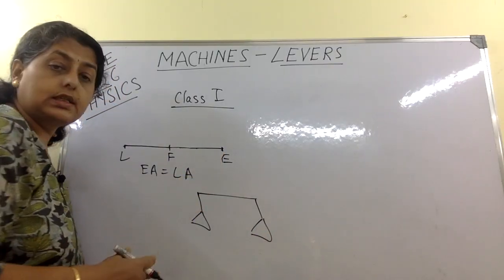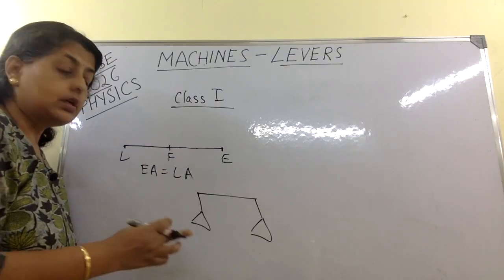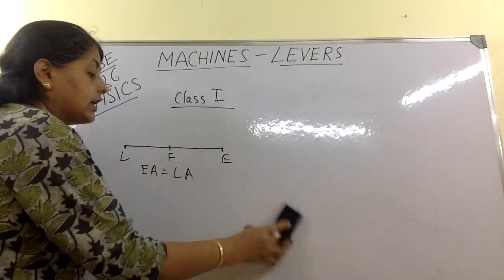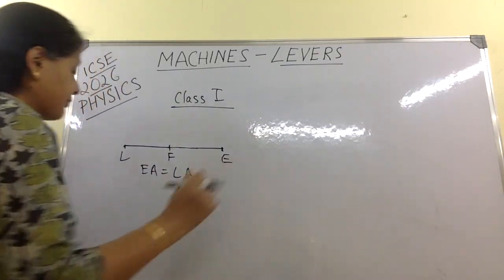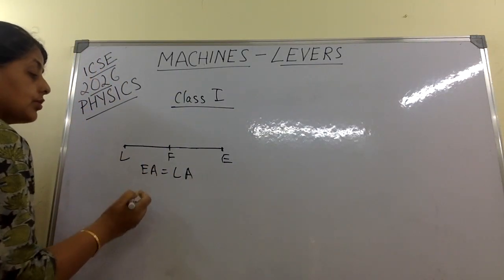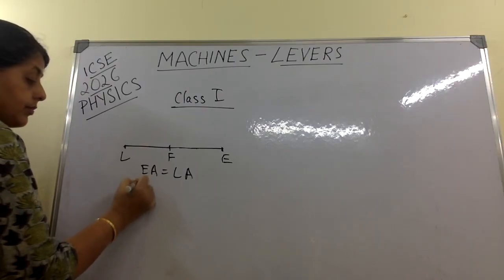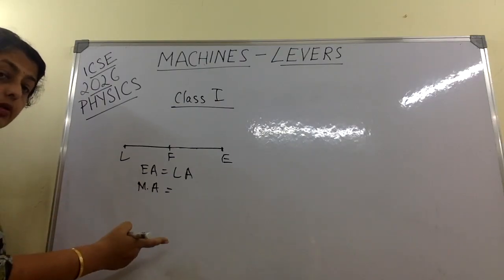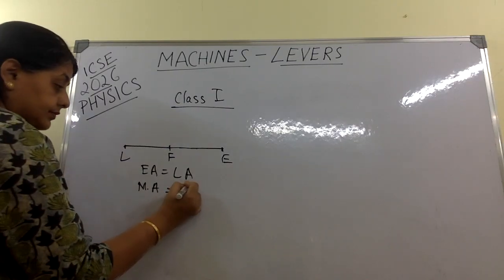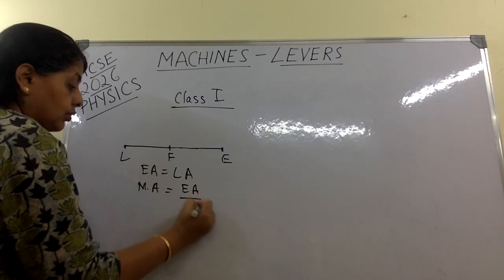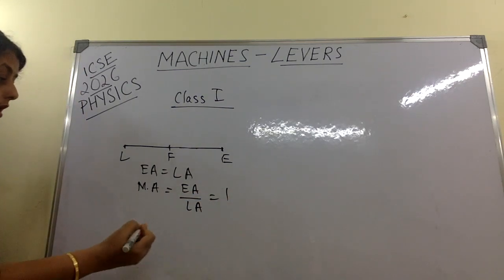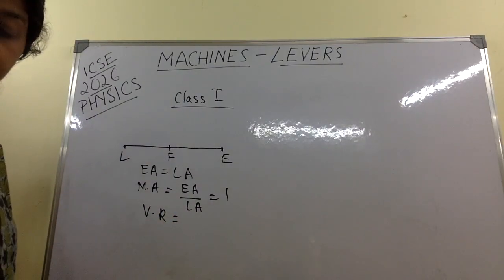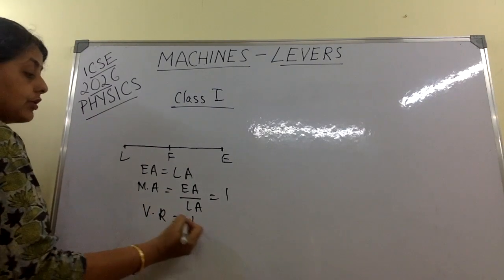These days you don't see it in the vegetable market, but earlier this used to be used there also. So this is a thing where the fulcrum is at the center. Now effort arm is equal to load arm, and therefore mechanical advantage, which is effort arm by load arm, becomes 1. Velocity ratio for an ideal machine is equal to mechanical advantage, so that is also equal to 1.